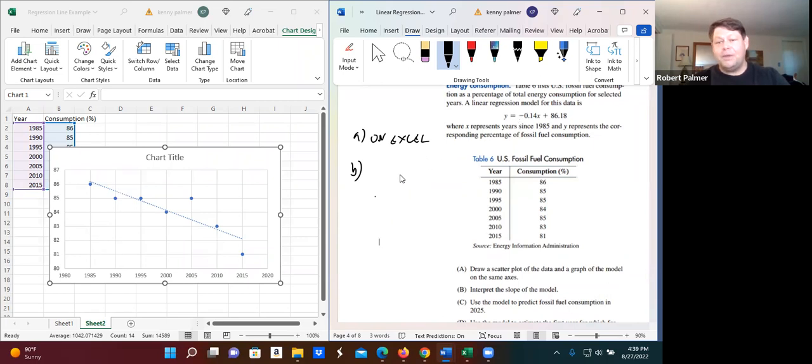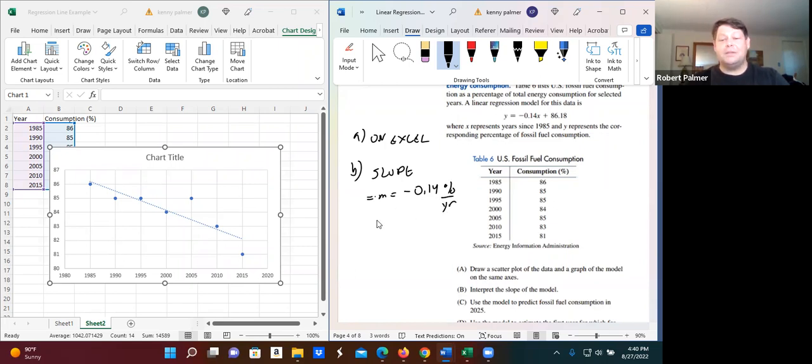So the slope is negative. The slope is equal to M, which is equal to negative 0.14, and that's percent per year.